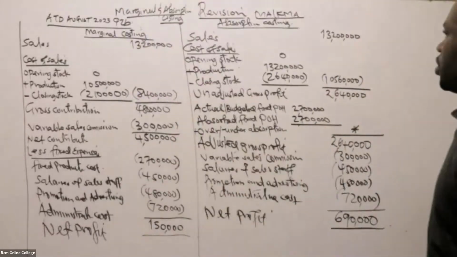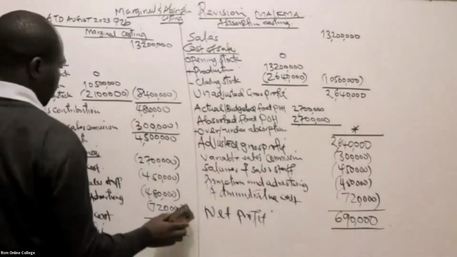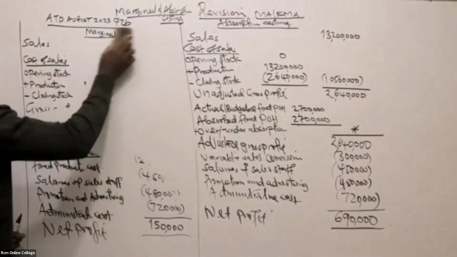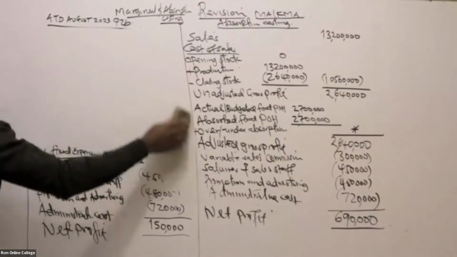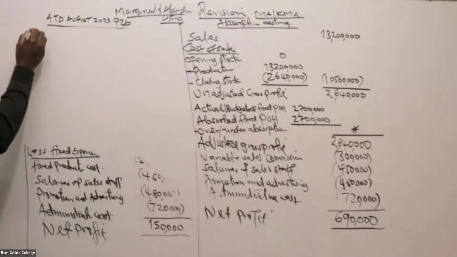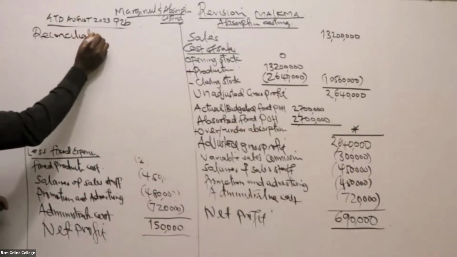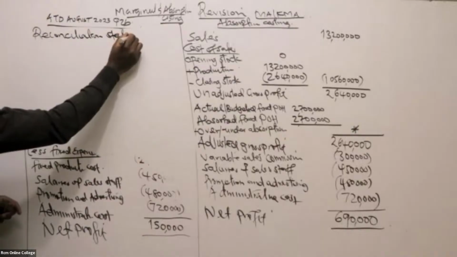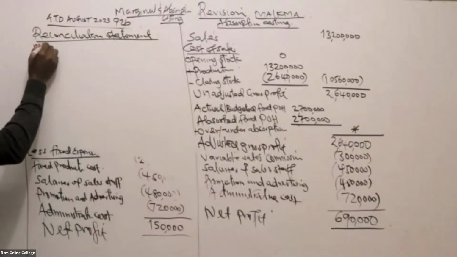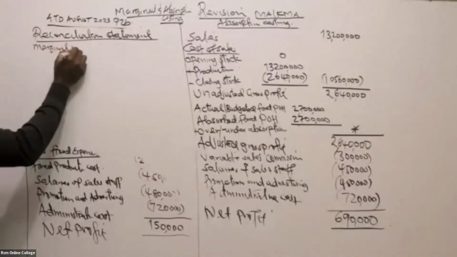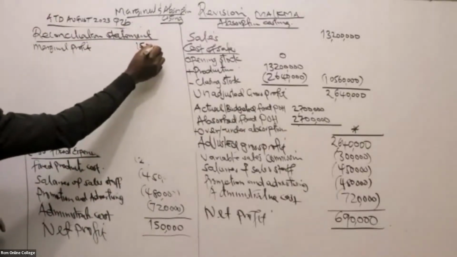Good. So which one should I remove? I can go with this part as we reconcile. Reconciliation statement. So marginal profit, or profit as per marginal costing, is 150,000.